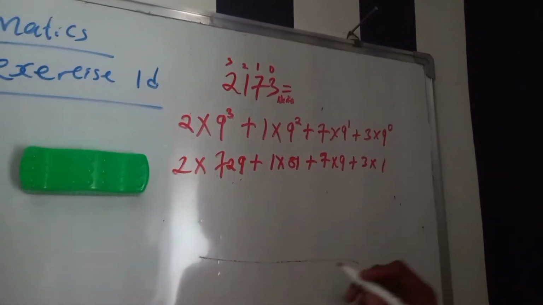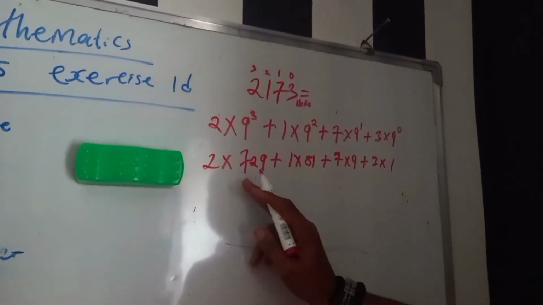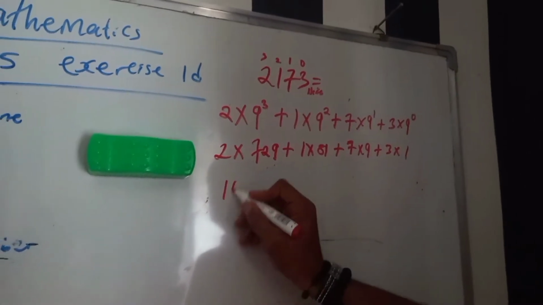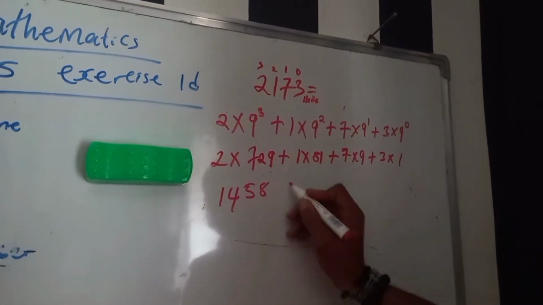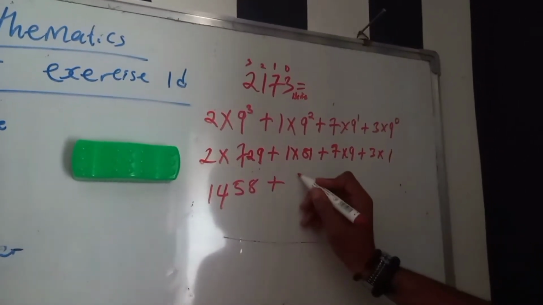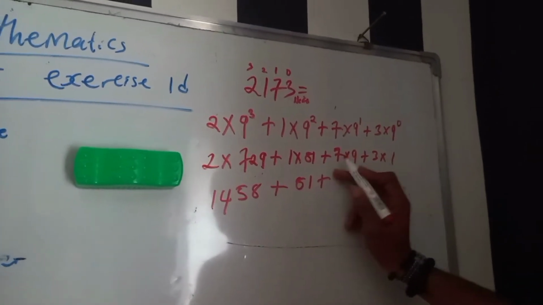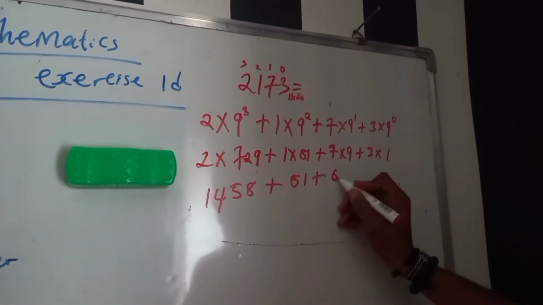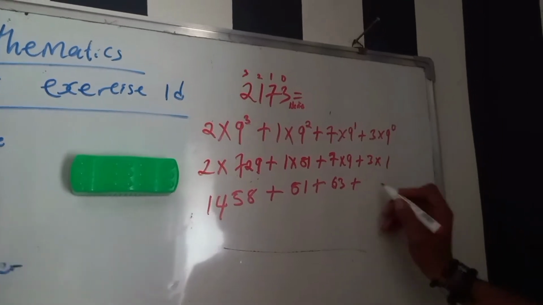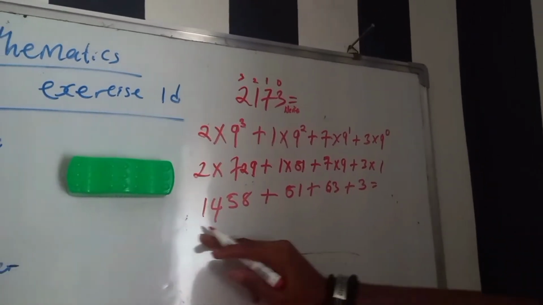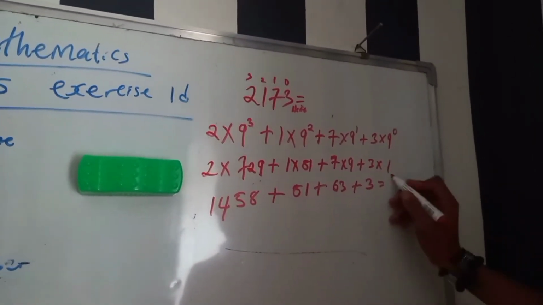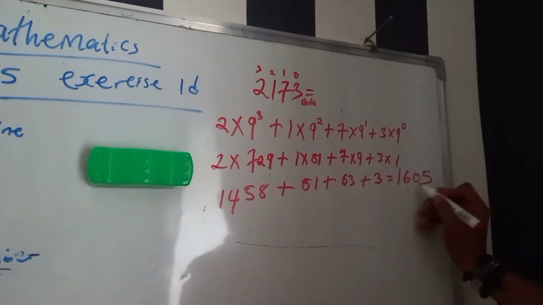So here's my 1. That means 2 times 729 is 1458, plus 1 times 81 is 81, plus 7 times 9 is 63, plus 3 times 1 is 3. Add them up together, what you have is 1605.